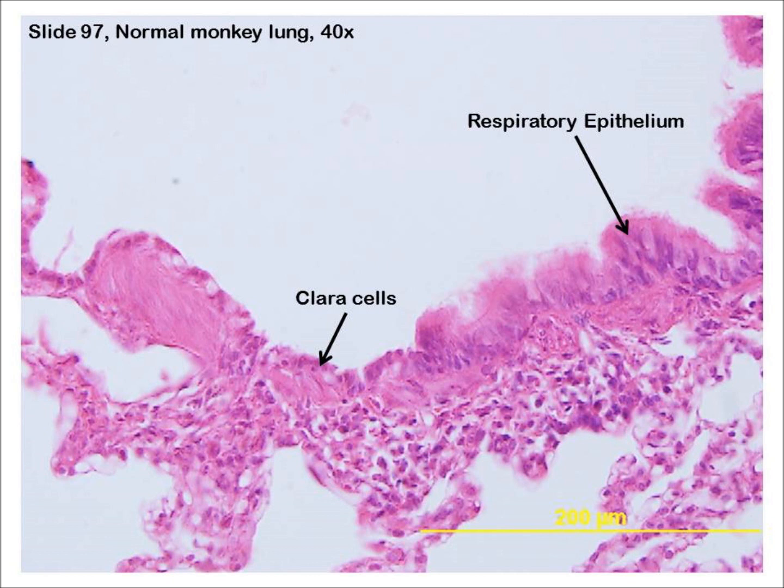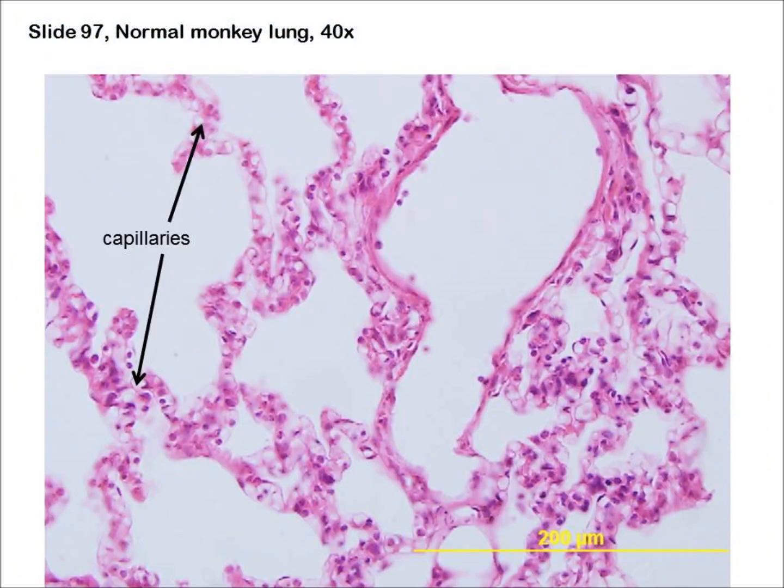These cuboidal cells include both ciliated cells and the non-ciliated Clara cells that secrete mucin. Finally, examine the tissue outside of this region that contains the alveolar ducts and sacs where gas exchange takes place. The epithelium here is thin and contains capillaries. However, these are empty of blood in this particular section.